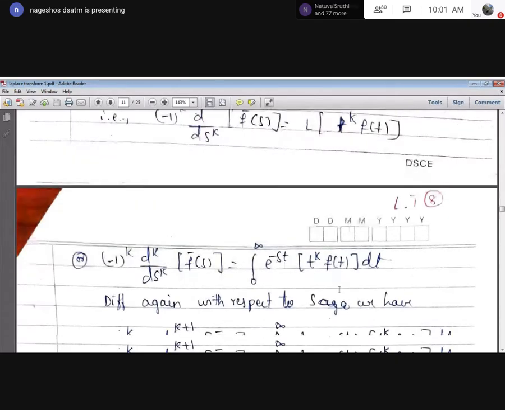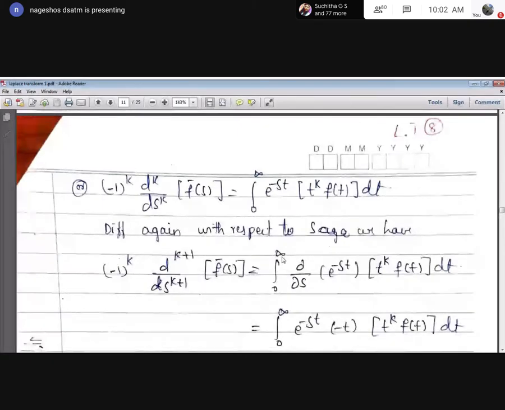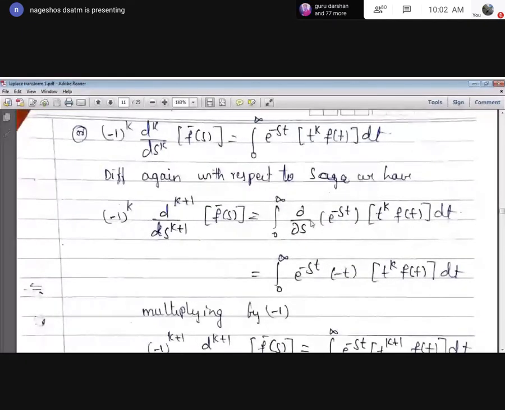Differentiate again with respect to s, because we need to prove it is also true for n equal to k plus 1. Differentiating gives minus 1 power k plus 1. If you take this inside, the ordinary derivative changes to partial, dou by dou s, and only this part has to be differentiated.